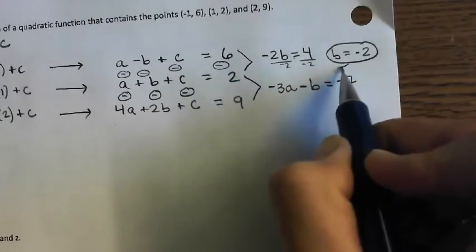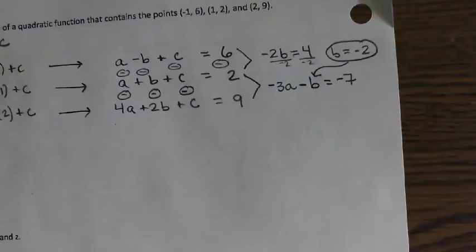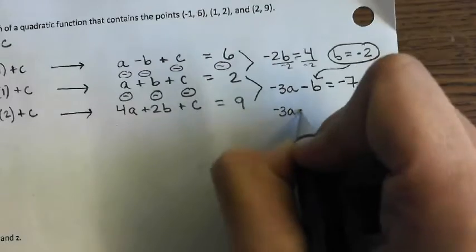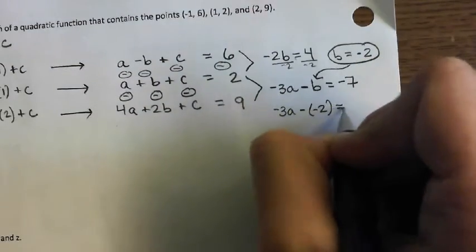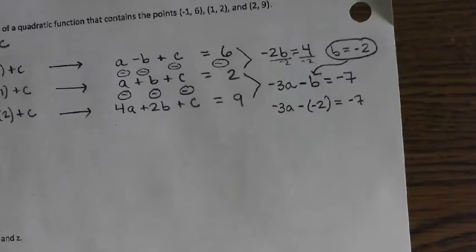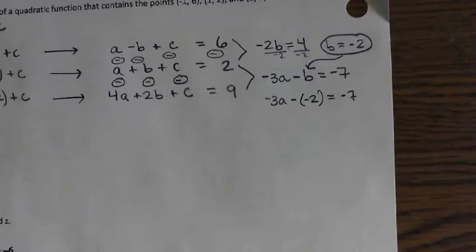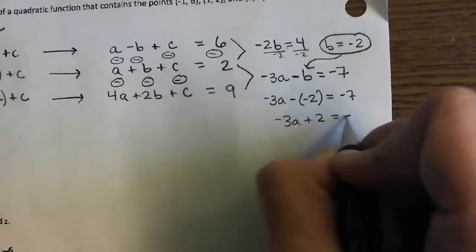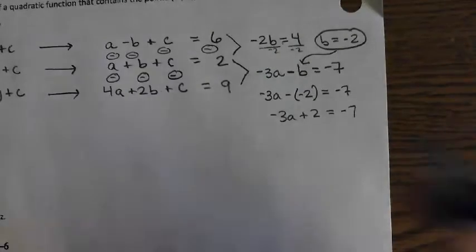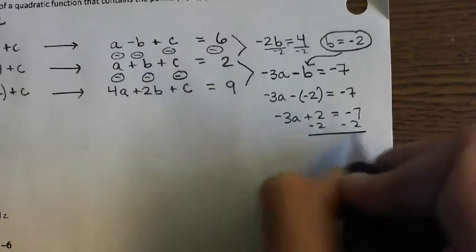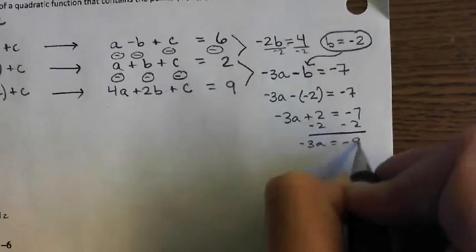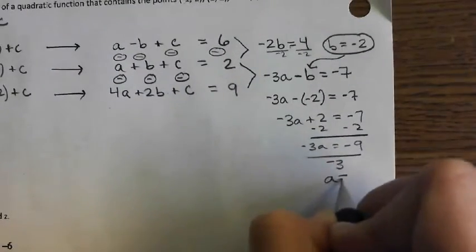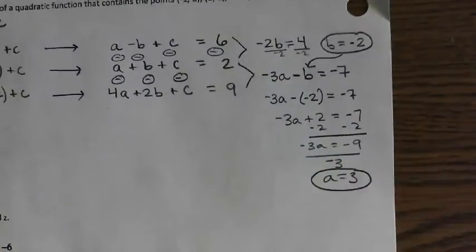I can now take that and go into this equation. Negative 3a minus a negative 2 equals negative 7. The double negative is negative 3a plus 2. And then I solve. Subtract 2 over. Divide by negative 3. And a equals 3.